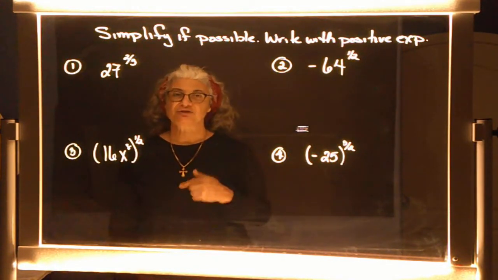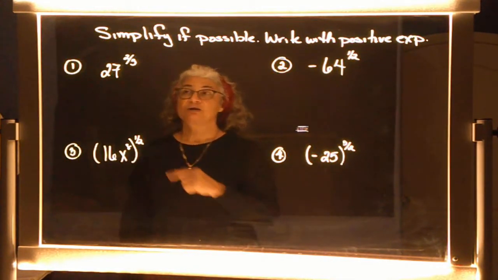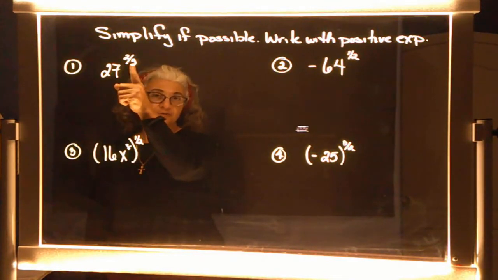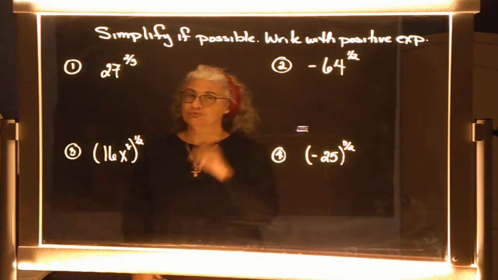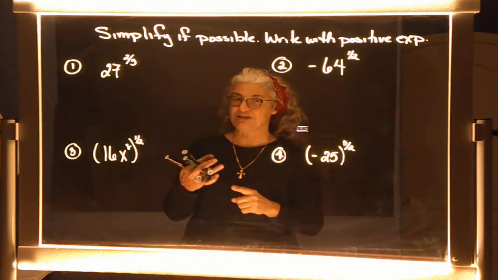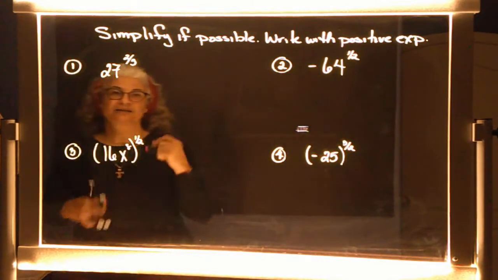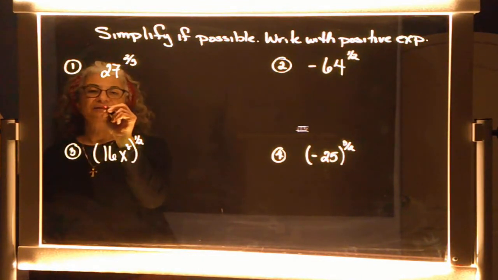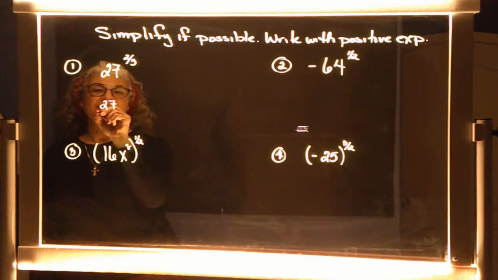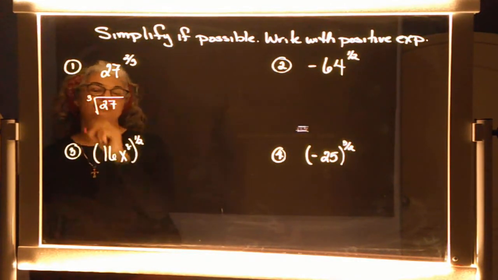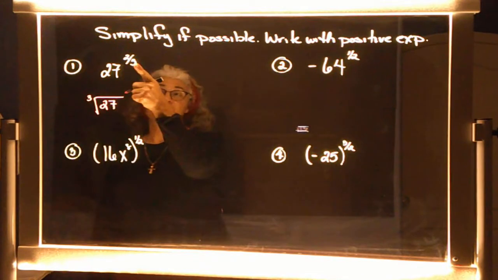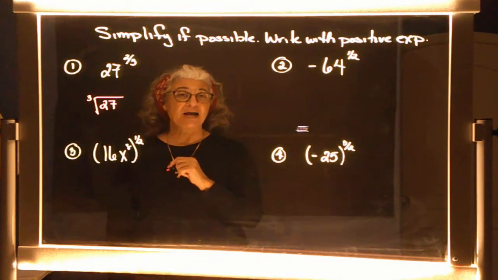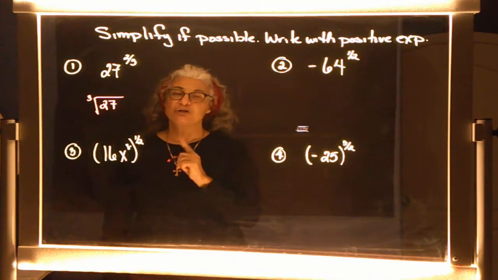Now, let's backtrack and remember what this means. What does the 2 represent? It means the power. What does the 3 represent? It means the root. So, if I think about it, I can actually rewrite this problem. What's my base? 27. And the 27 is sitting under a cubed root, isn't it? Because that's what this 3 means. And it's also, though, to the second power, isn't it? So here's the deal.